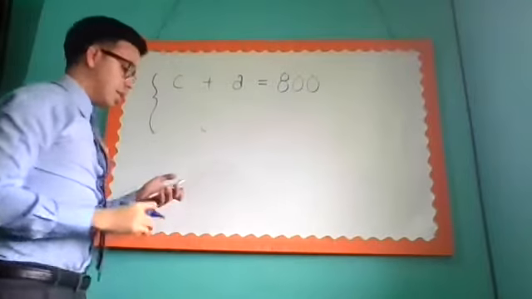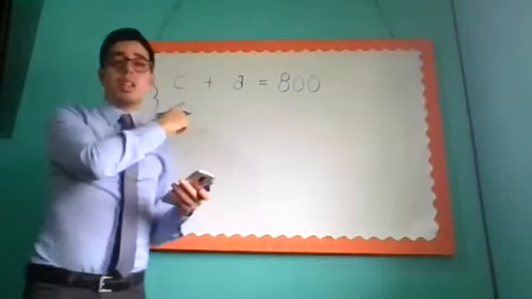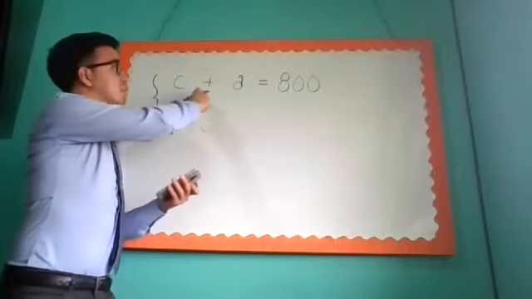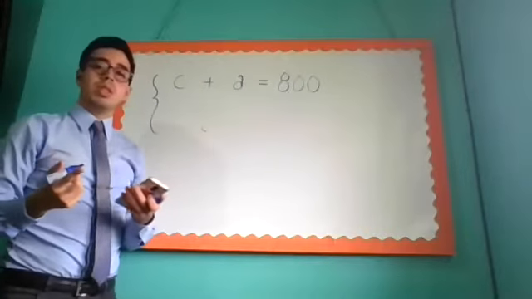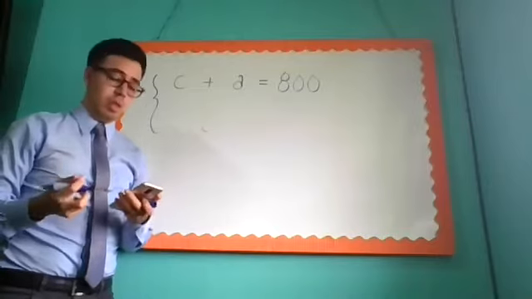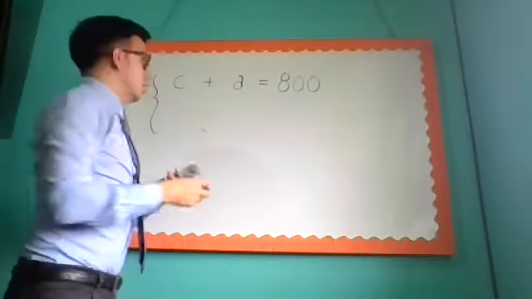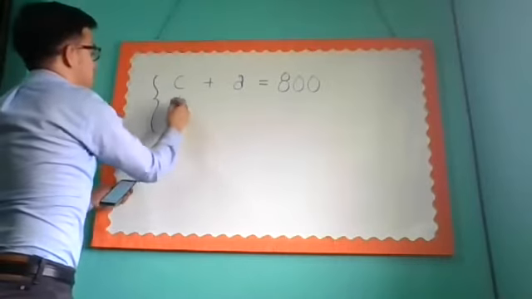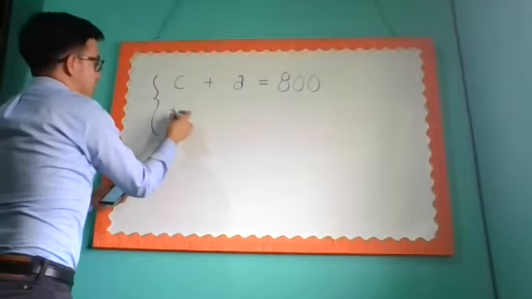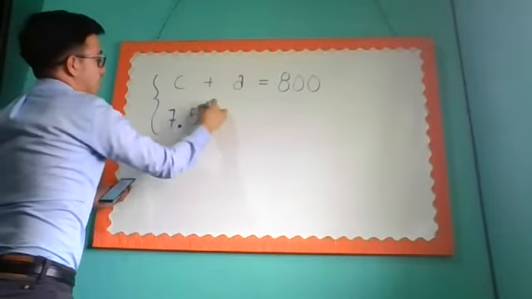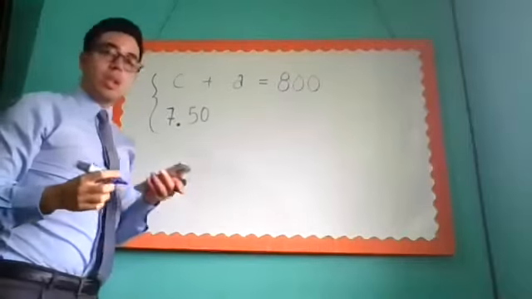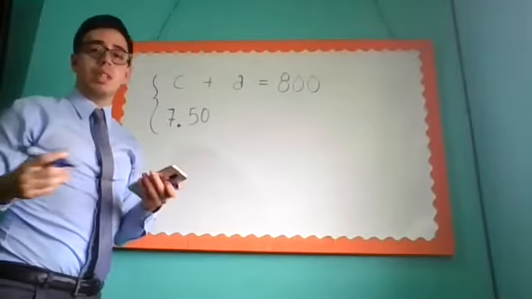Okay, then what is the next step? In the first equation, I'm using the number of tickets. And in the other one, I need to use the amount of money that she is going to obtain. So she obtained $7.50 for each children ticket.